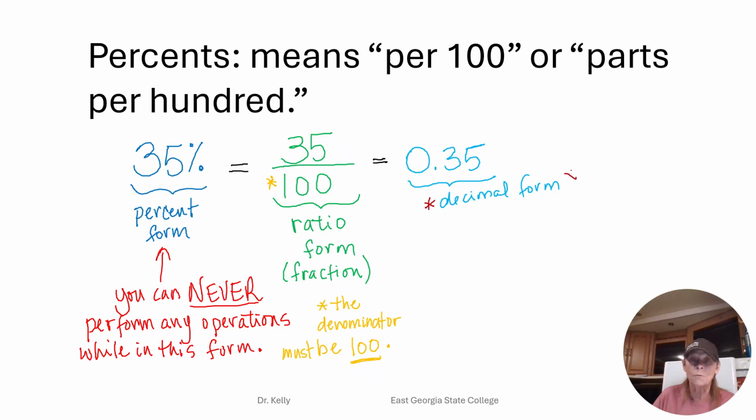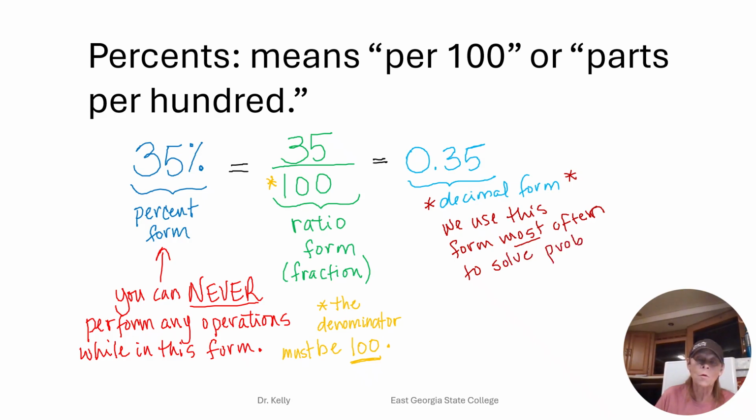It is the form that we use most often, not all the time, but most often over the ratio form, to solve problems. When you see a percentage in a problem given to you, you have to convert the percentage to decimal, and we're going to talk about that here in just a second.